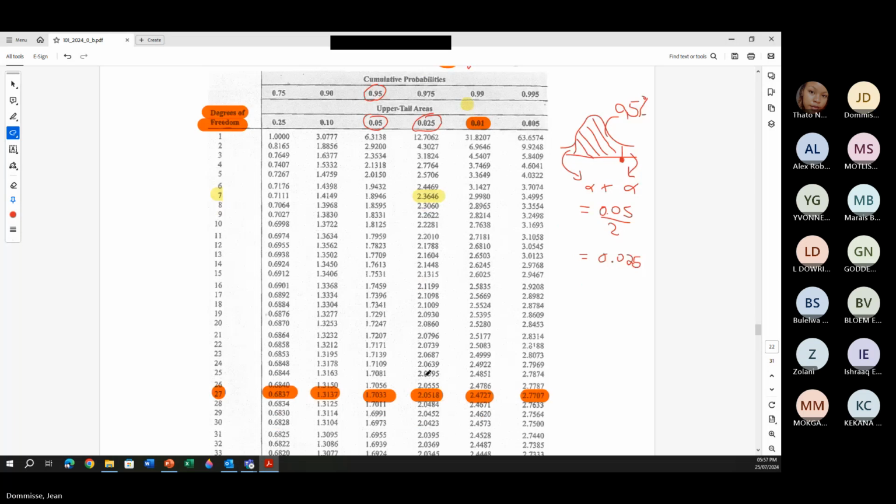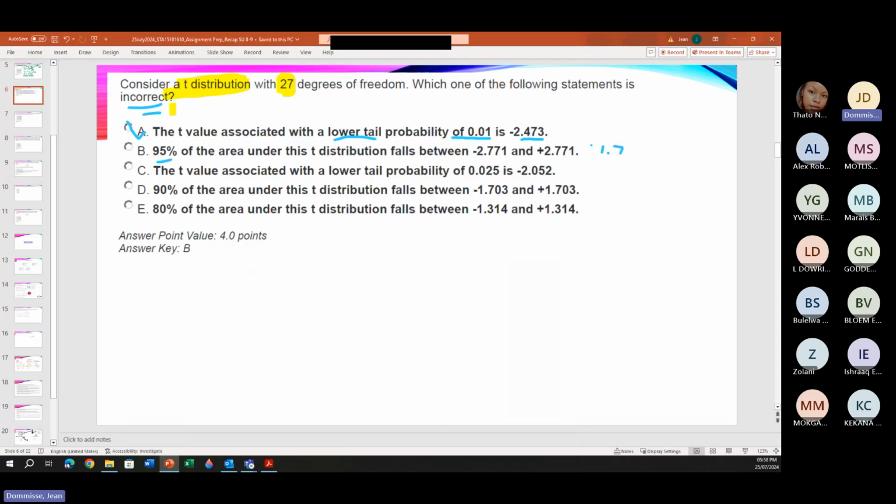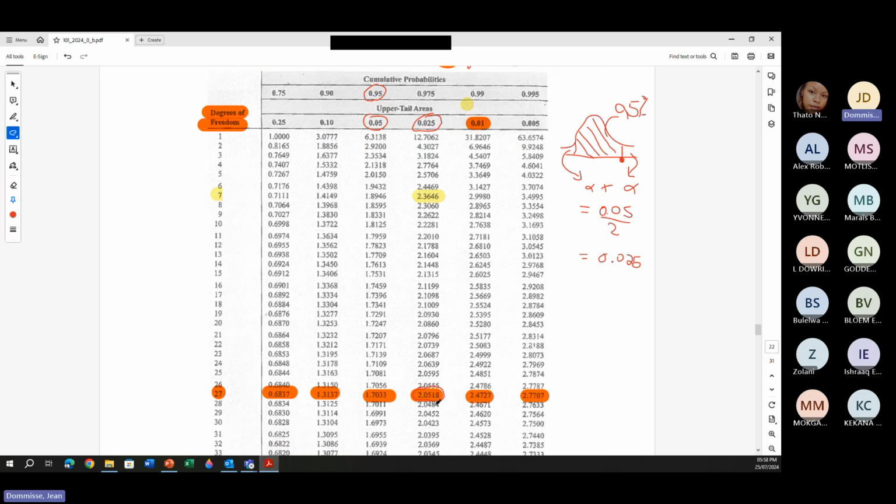So the t value that I'm actually going to look at is 2,0518. So that is incorrect, but it's not 1,7. It is 2,0518.